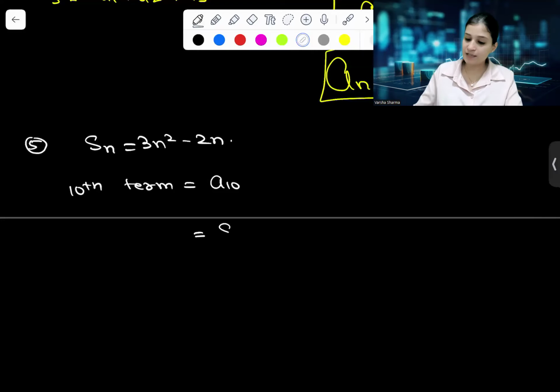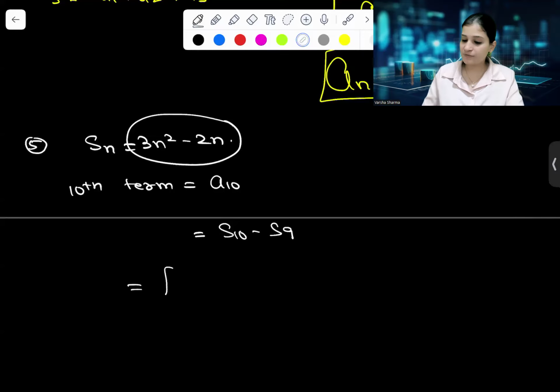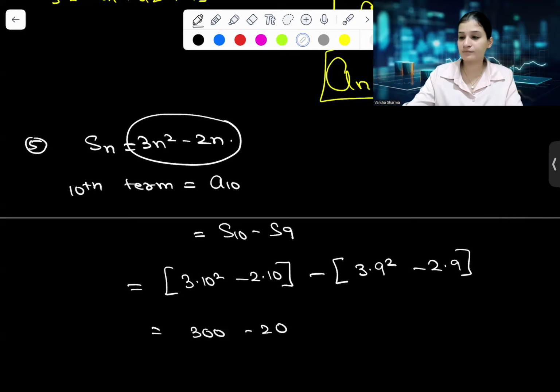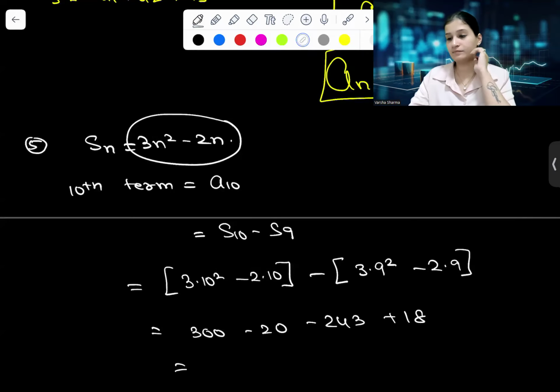Now from this, we need to find S10. S10 will be 3 into 10 square minus 2 into 10. Instead of n, just put 10. S9 is 3 into 9 square minus 2 into 9. 300 minus 20 minus 243 plus 80. Calculate. Answer.